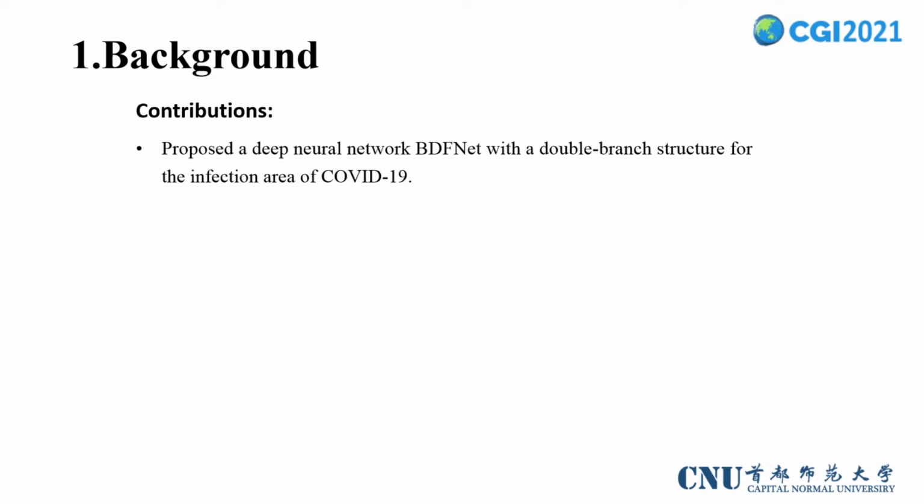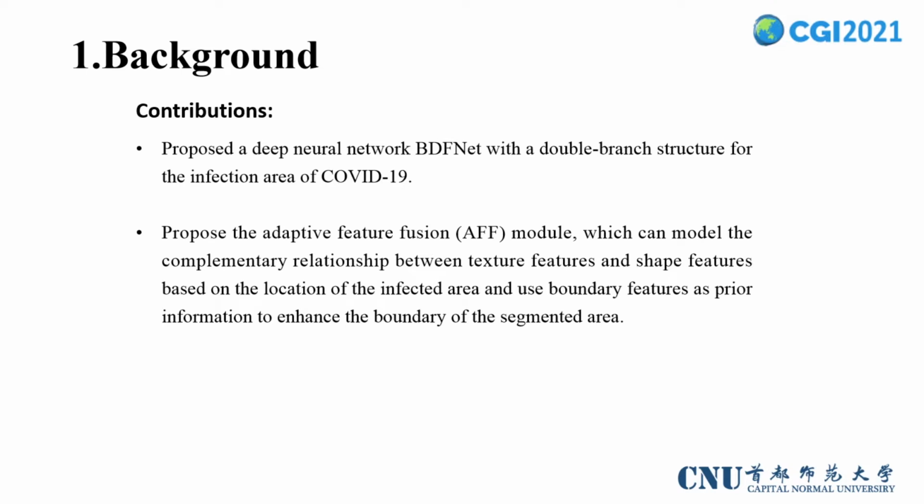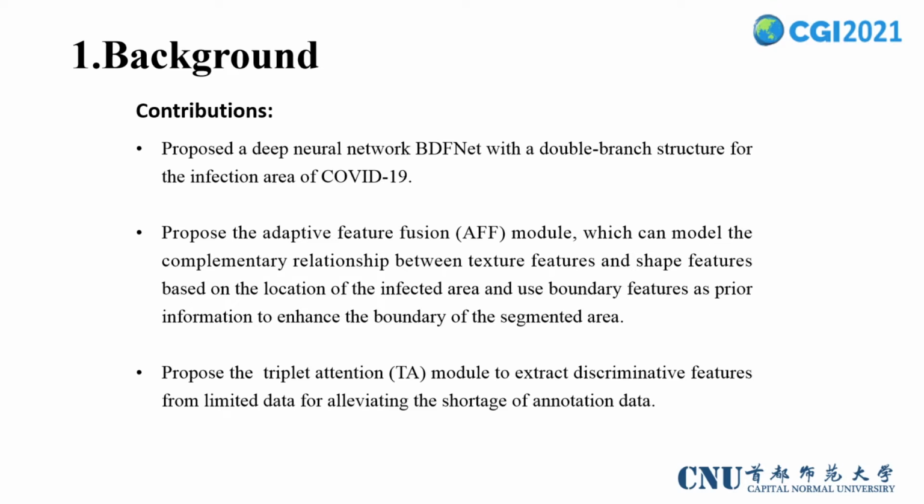First, we propose a neural network BDFNet with a double branch structure for the infection area of COVID-19, and propose the adaptive feature fusion model, which can model the complementary relationship between the texture features and shape features based on the location of the infection area and use the boundary features as prior information to enhance the boundary of the segmented area.